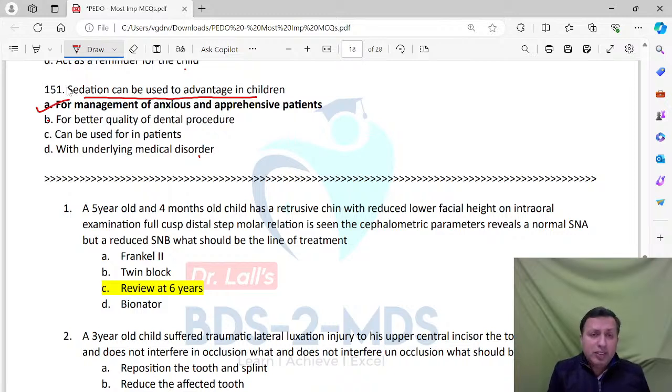We have already discussed the ASA classification given by the American Society of Anesthesiologists. It clearly states that ASA 1 is the category fit for sedation, and that is a healthy patient. Whereas patients who have a mild or severe systemic disease are not to be treated unless and until we take consent from the physician.